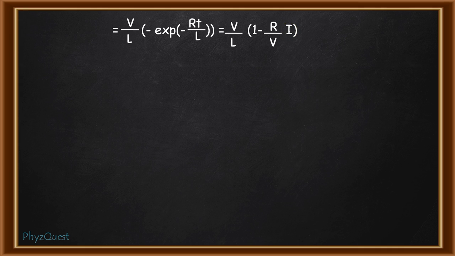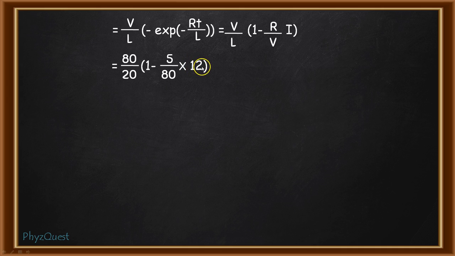Now you can just put the values given in the question. Here V is equal to 80 volt, L is 20 Henry, R is 5 ohm. So just put the values and get the answer. It will be 80 by 20, that is V is 80 and L is 20, into 1 minus R, which is 5, divided by V, again 80, multiplied with the current we need to find out at 12 amperes.